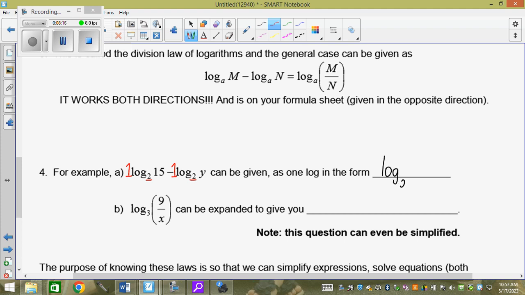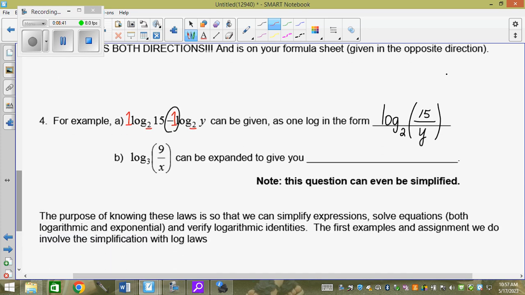Log base 2. Where does the 15 go? In the top, in the numerator, because there's a plus 1 in front of the log. Where does the y go? In the denominator, because there is a minus 1 in front. Right? That's it.